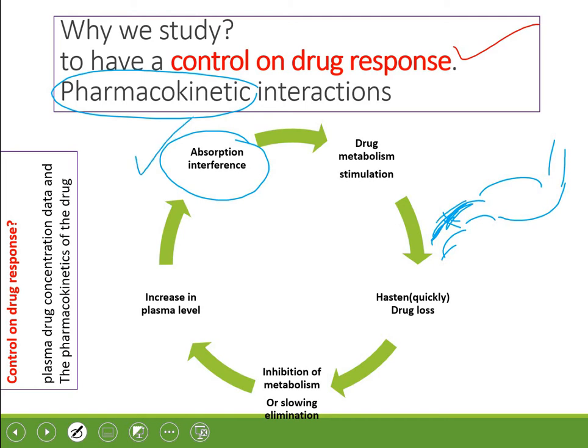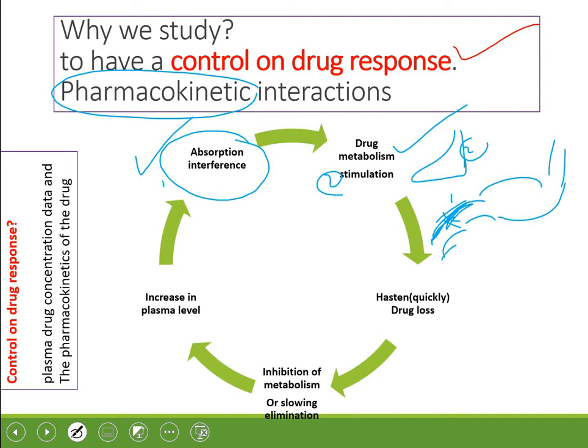There may be drug metabolism. Metabolism means in the liver. In the liver, enzyme induction may be there, and enzyme inhibition may be there. So this is the second place of possible drug interaction.